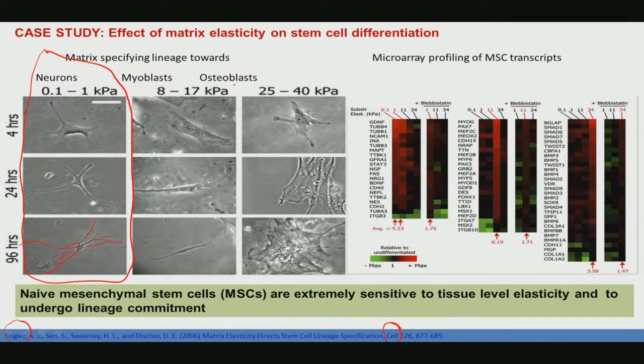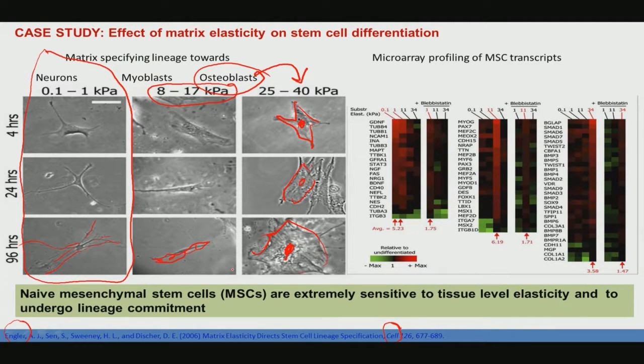When they grew the same MSCs on 8 to 17 kilopascal, they show a more spindle-like shape, more like muscle cells, like myoblasts. In the case of 25 to 40 kilopascal elastic stiffness, they show the signature of a more flattened cell type, which also shows some extracellular matrix synthesis and so on.